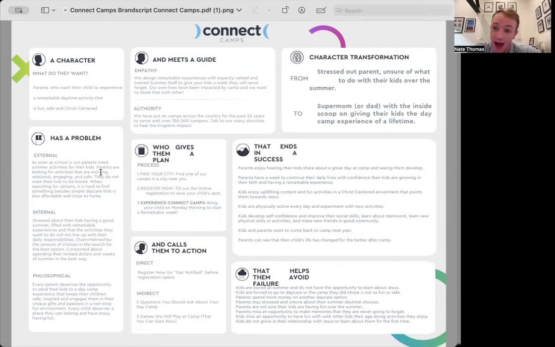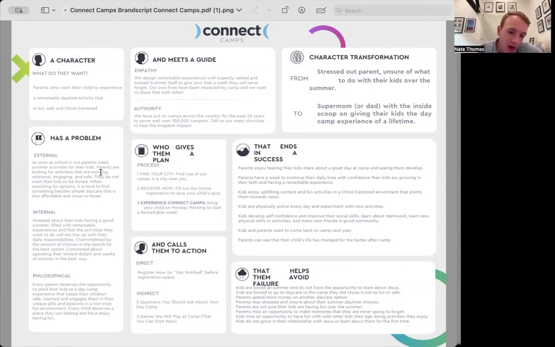We'll come back and talk about how that connects. So an internal problem is something that a character might be struggling with inside their own head. Someone from the outside may not be able to see it, but it's internal in them. They want something like a goal or an aspiration. It wouldn't be easy to see from the outside.